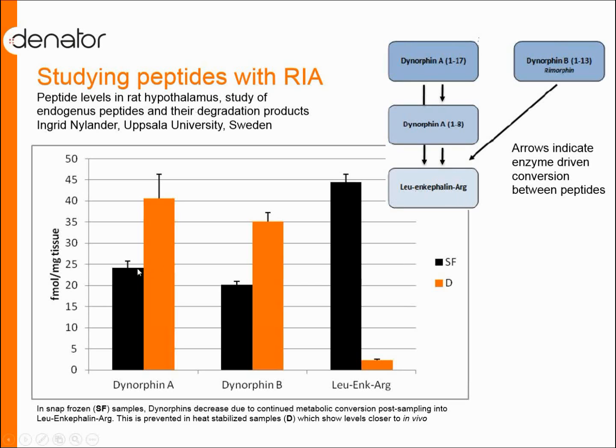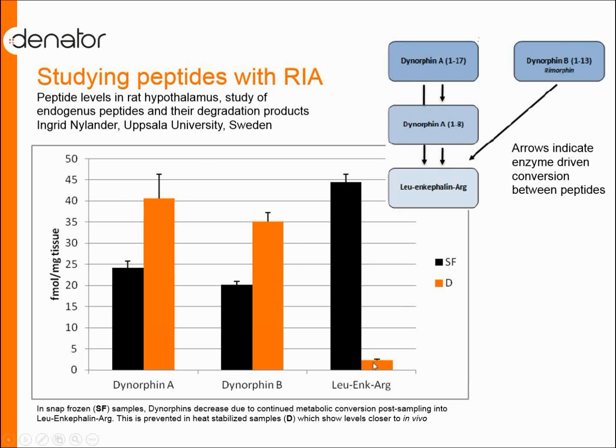What we're seeing here is that in the snap frozen sample, the black bars, we see rather good levels, but compared to the Leu-enkephalin level, the parents have much lower levels compared to the degradation fragment. If we instead compare the stabilized sample, denoted by the orange bars with the D, we see that the parents are much higher in level compared to the degradation fragment.